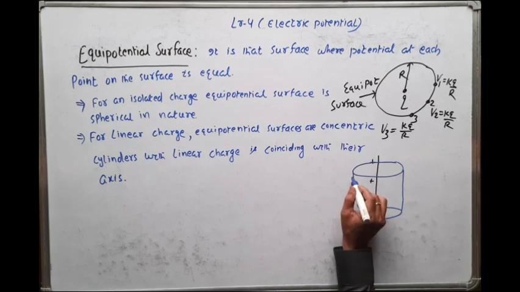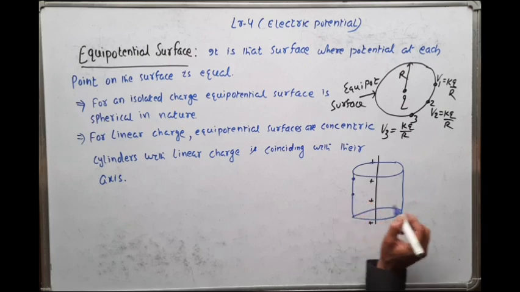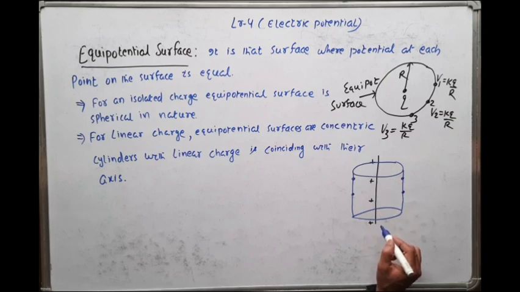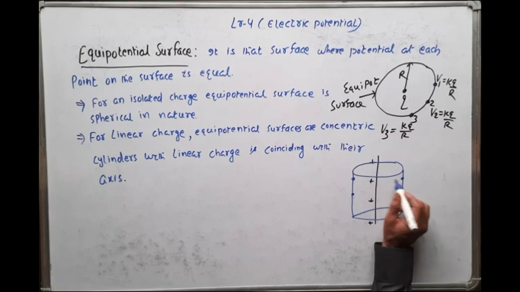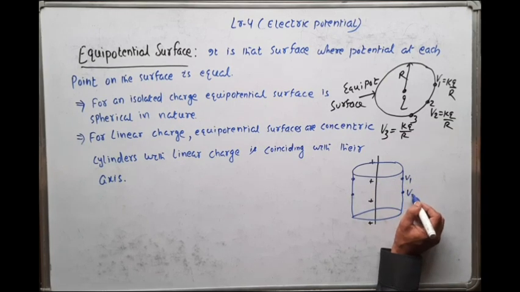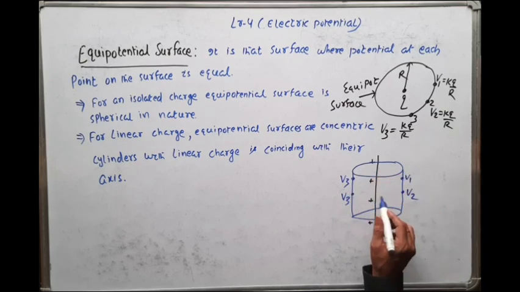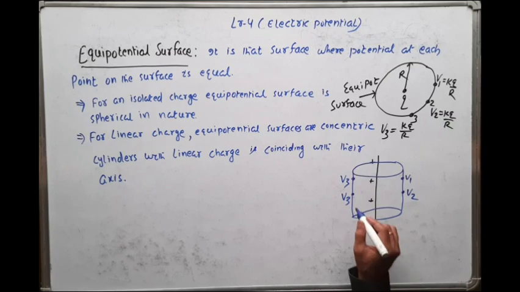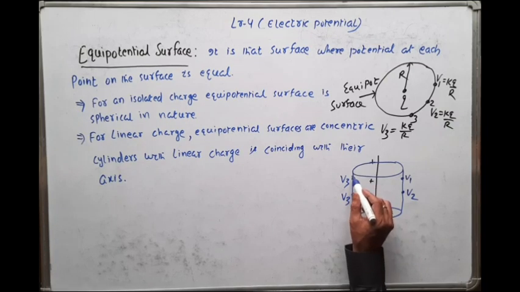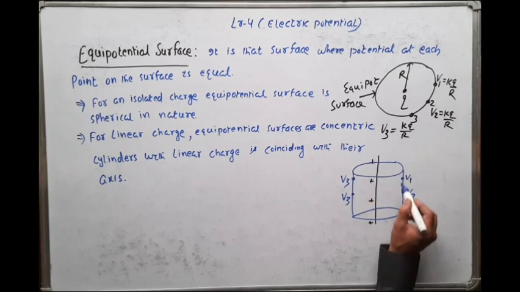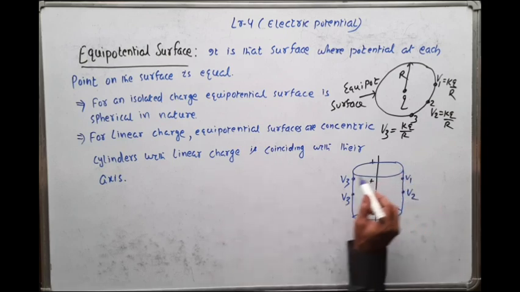Here every point on the surface of the cylinder is at equal distance from this linear charge conductor. So potential at every point on the surface of the cylinder is equal. That indicates the cylindrical surfaces are equipotential surfaces for which type of charge conductor?